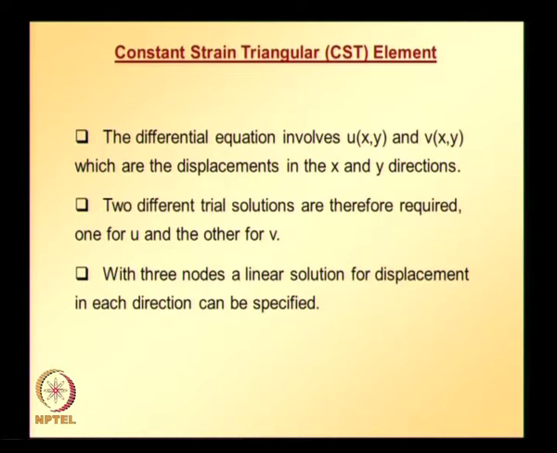So, now let us consider a typical 3 node element and try to express the displacement at any point in the element in terms of nodal values and shape functions.